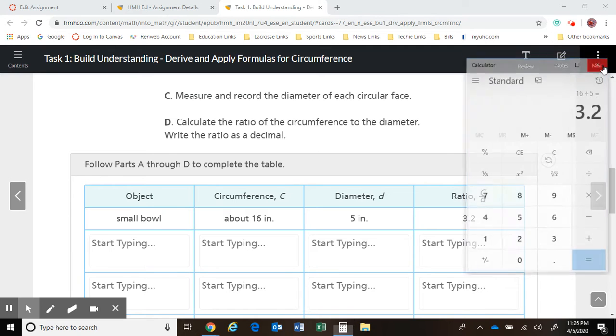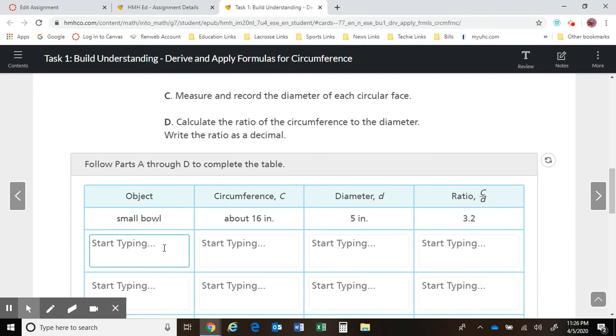I went ahead and did some for you as well. I took a general coffee cup from around my house. I measured its circumference and it was about 11 inches. I measured its diameter right through the middle and got 3.5 inches.